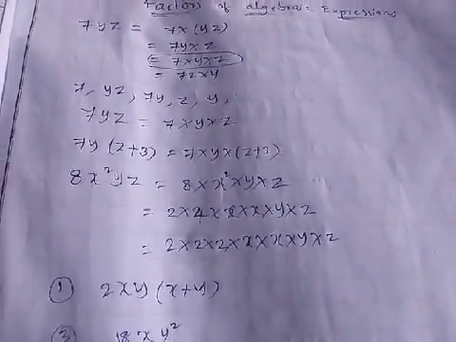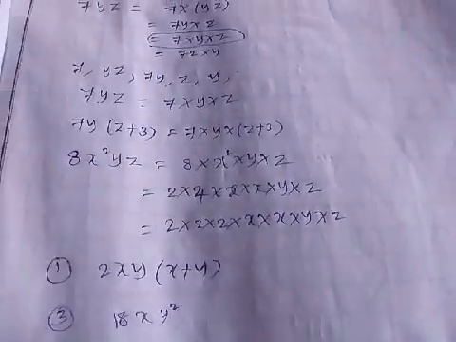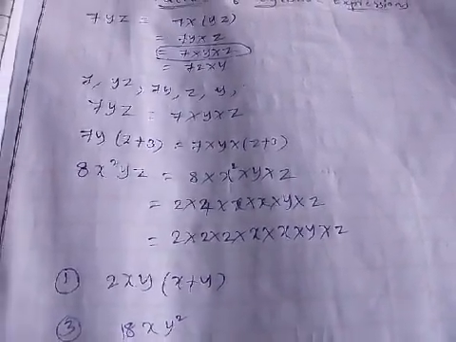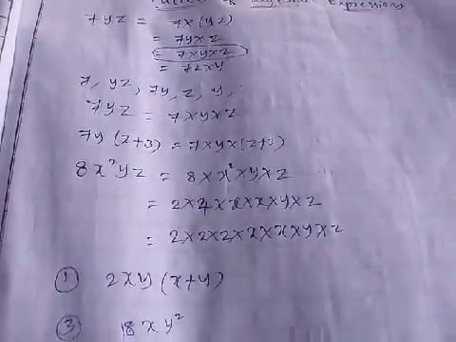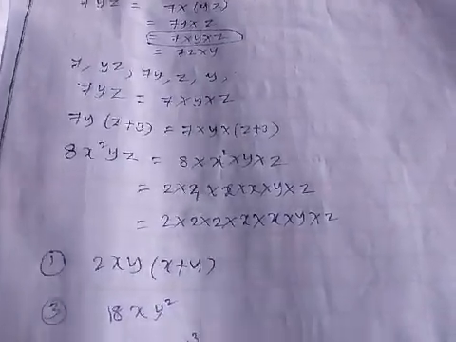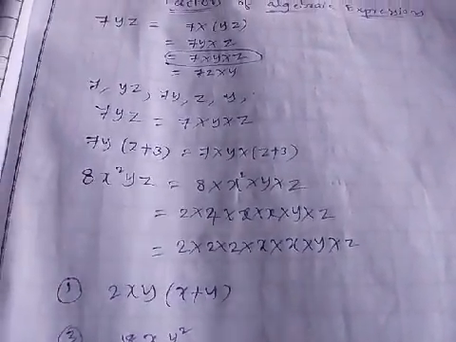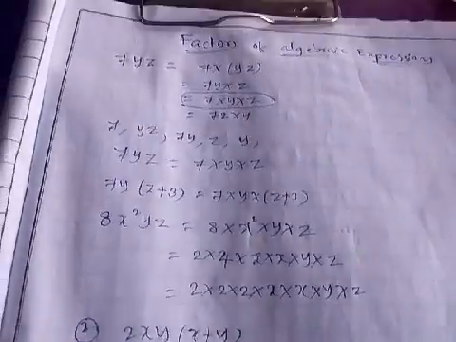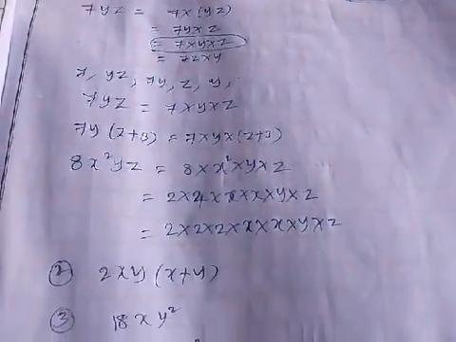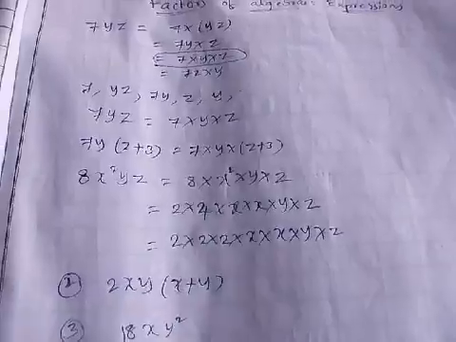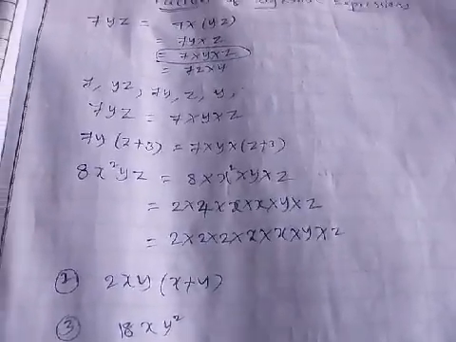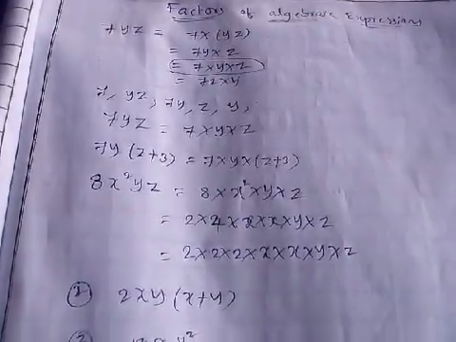And one more, 3x plus y cube z. Write one more as 5x of (y plus 2) and (z plus 3).